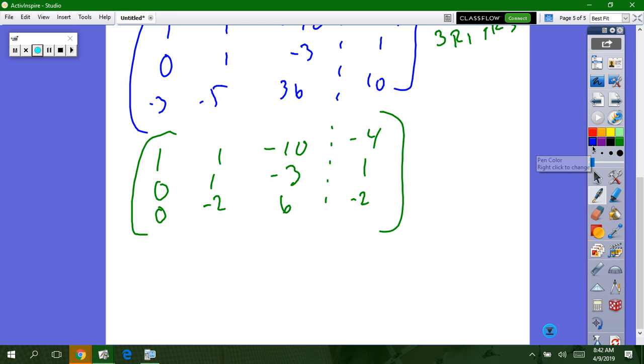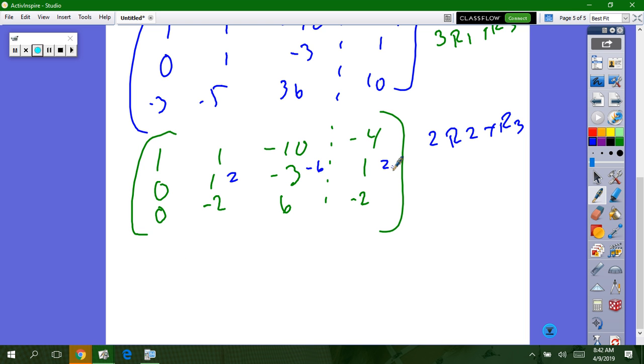We want that negative 2 to be a 0, so I'm going to multiply row 2 by what? By 2 and add it to row 3. Everybody there with me? Yes, no, maybe. Okay, here we go. So this guy's 2, negative 6, 2.